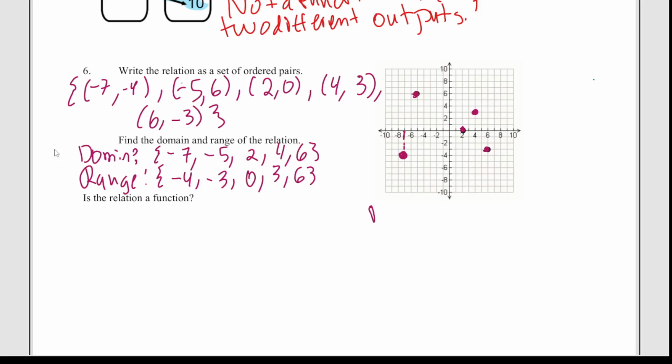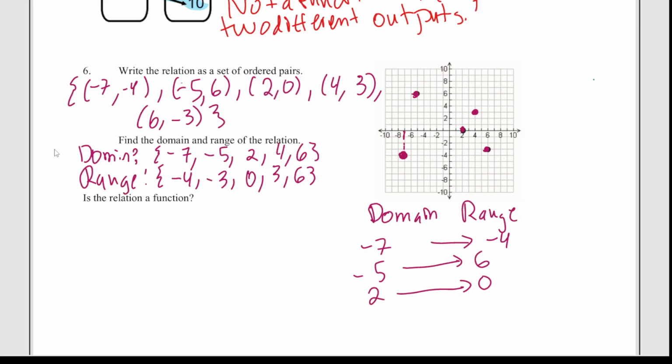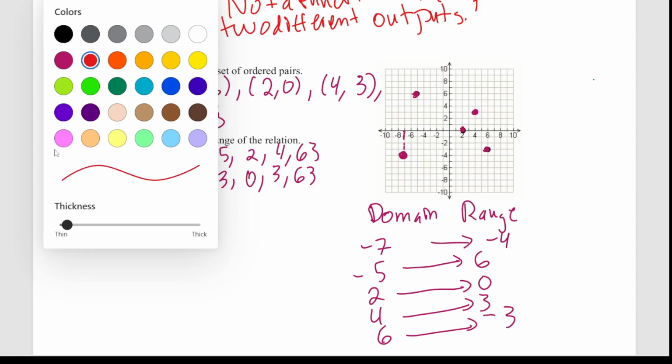If we were to list out domain to range here, we have -7 going to -4, -5 going to positive 6, 2 going to 0, 4 going to 3, and positive 6 going to -3. All of that is good. We do not have a single element of the domain that's assigned to more than one element of the range.